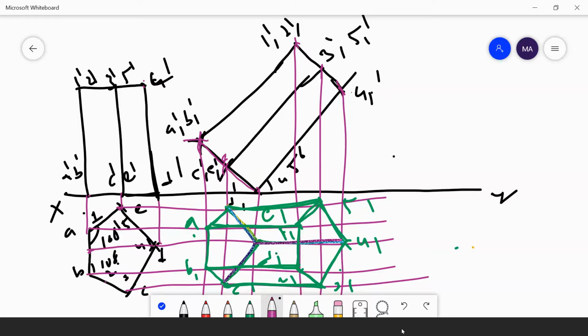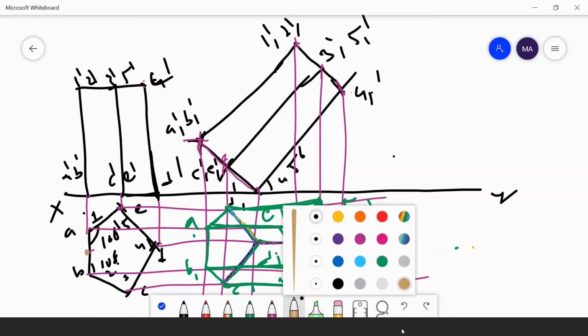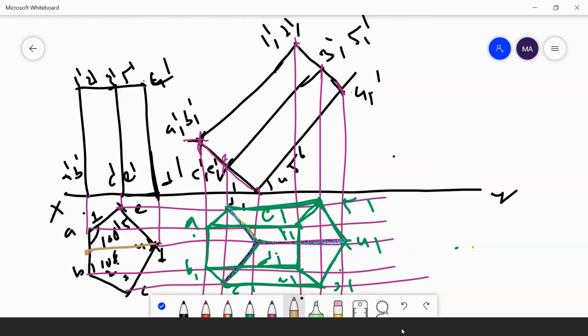Take the midpoint. Then how do you draw this axis? Take the midpoint of this side. Join from this vertex. You get an axis point.